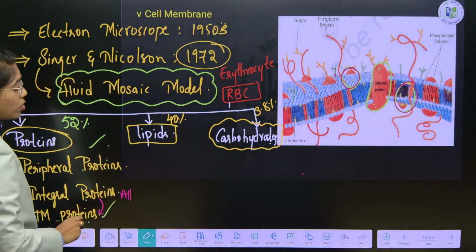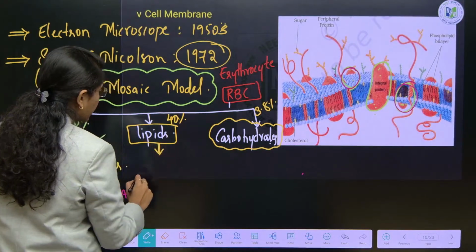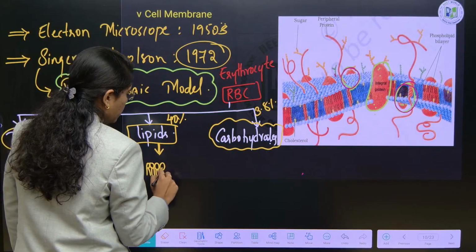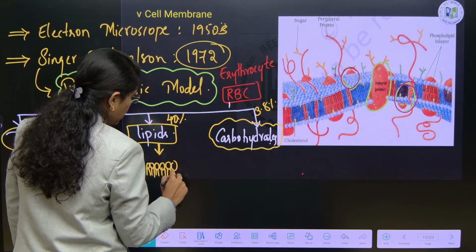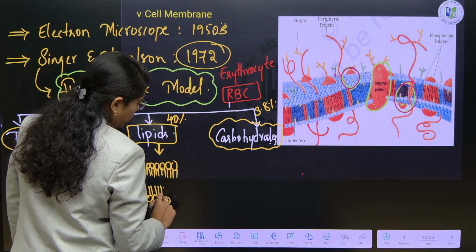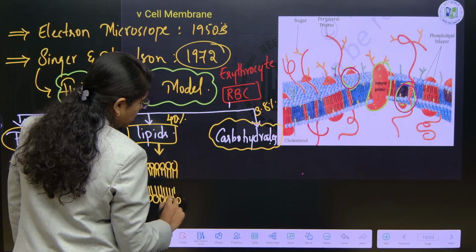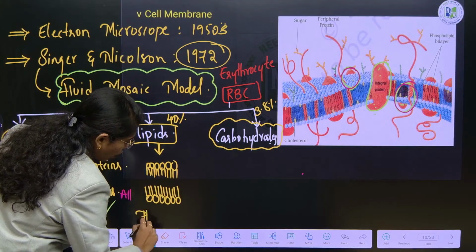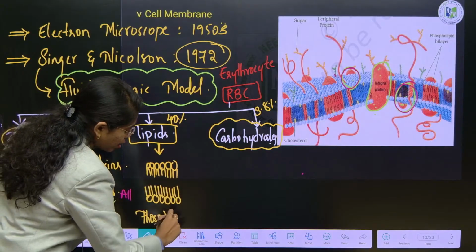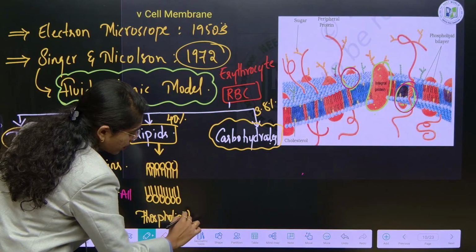The cell membrane is completely composed of a lipid bilayer like this. The major lipid composition in the cell membrane is phospholipids. The cell membrane is highly composed of phospholipids.